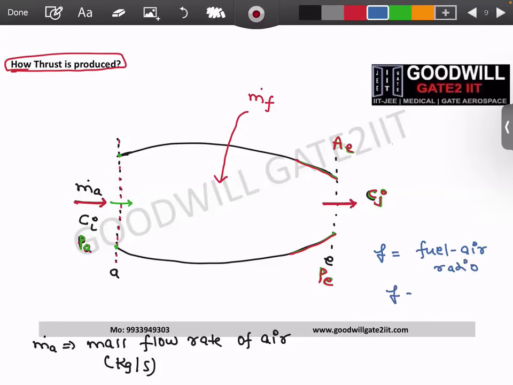And this F is basically the ratio of amount of fuel divided by amount of air. Nothing fancy. How much fuel you are burning and how much air is entering. That defines your fuel-air ratio. And it's a very small number, typically 0.02, 0.03, very small numbers, because air entering will be very high and fuel burning will be very low.